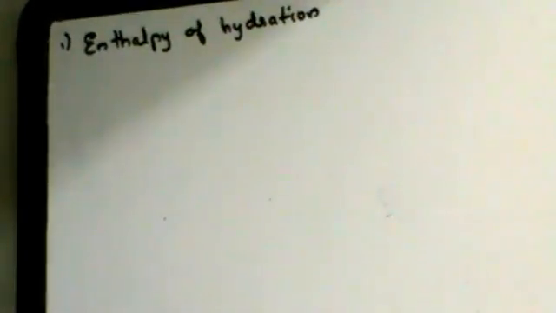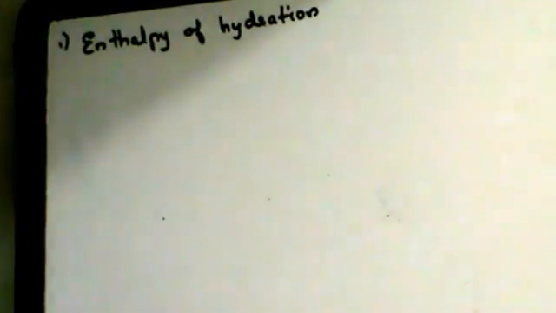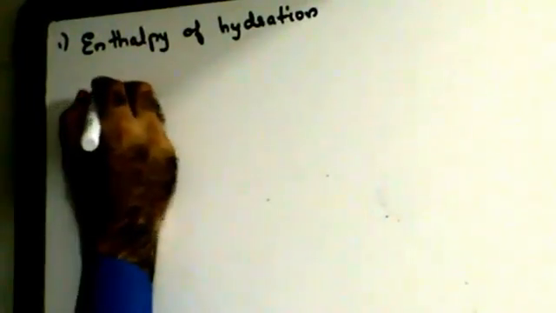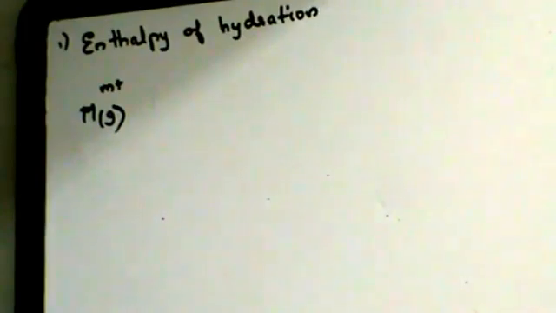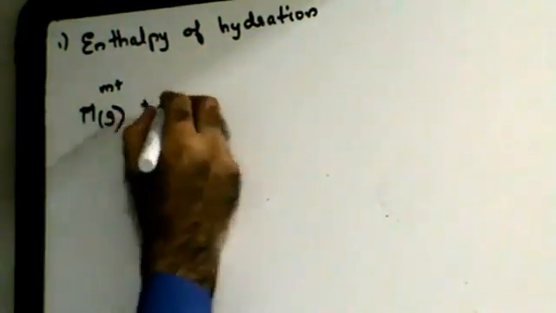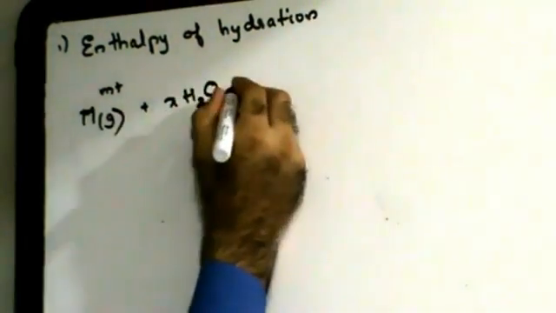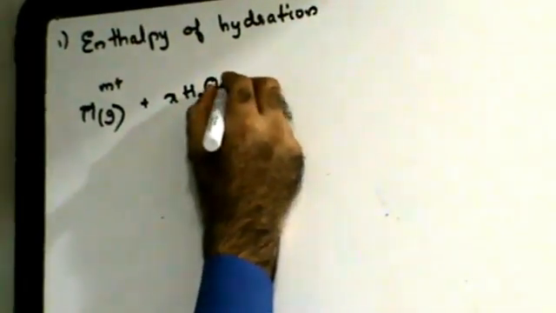Suppose I take a gas in ionic form, say this is my gas which is in ionic form, and if I react this with X moles of water, what will happen?